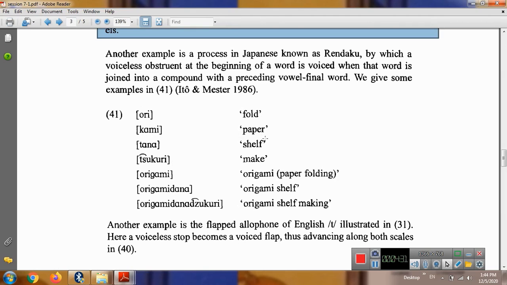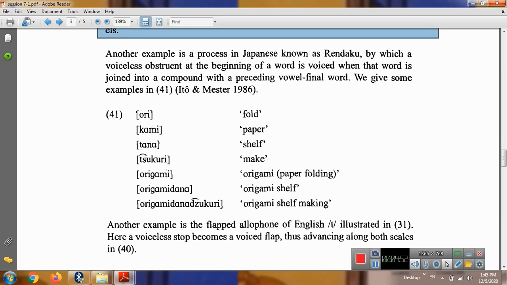And when we want to combine these words with each other, we have the lenition process. For example, we want to combine this word ori with kami.